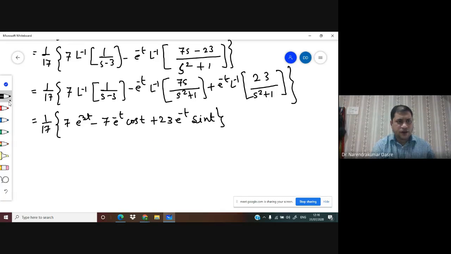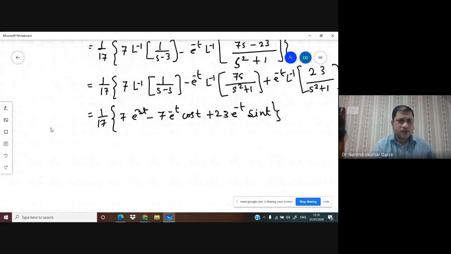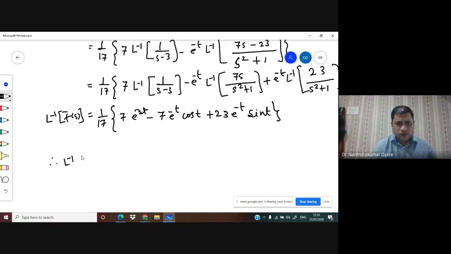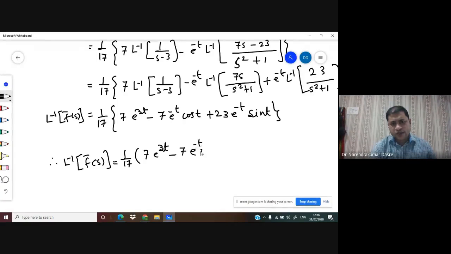So we got the inverse Laplace transform of f bar of s equal to 1 by 17 times [7 times e raised to 3t minus 7 times e raised to minus t cos t plus 23 times e raised to minus t sin t].